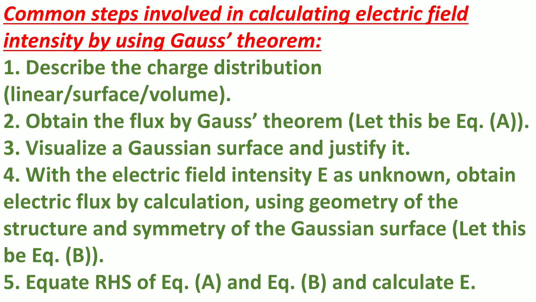Then the last step, we will equate right hand side of the equation 1 or A and equation B or 2 and calculate E, that is electric field intensity. Fine. So these are the common steps involved in calculating electric field intensity by using Gauss's theorem. If you remember these steps, it will help you to solve the derivation. So let's start the derivation.